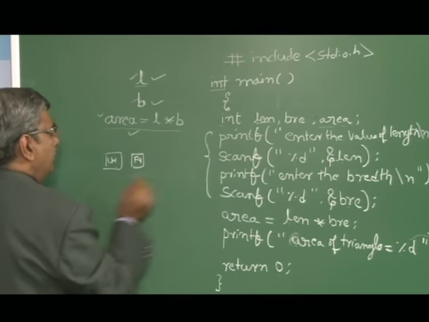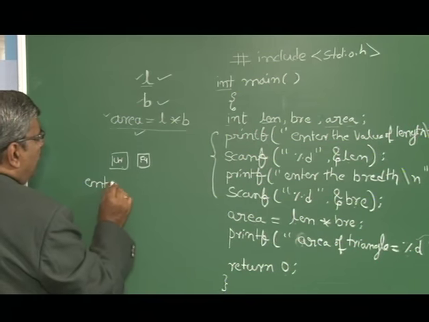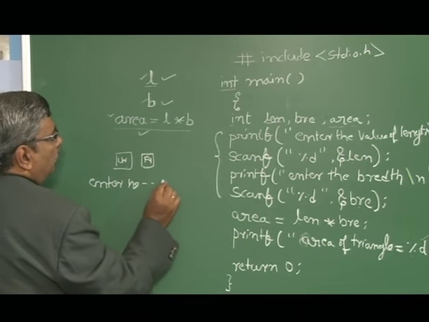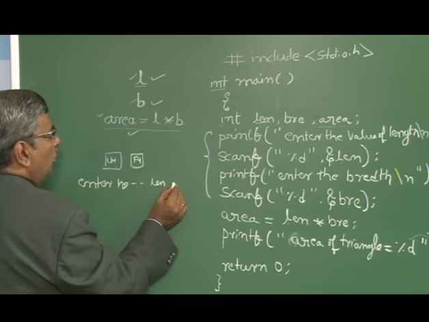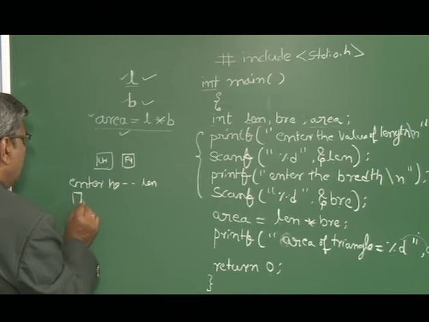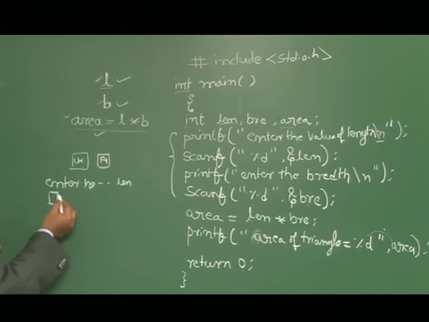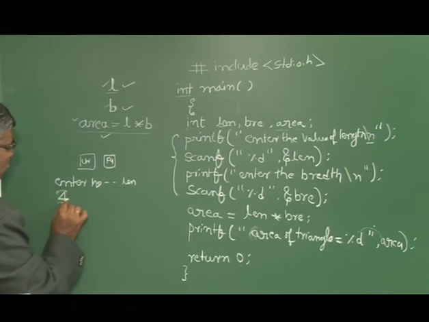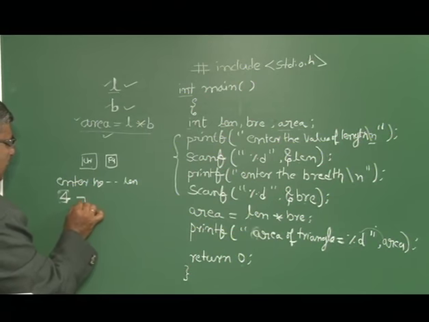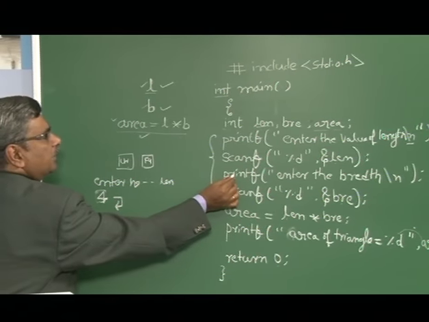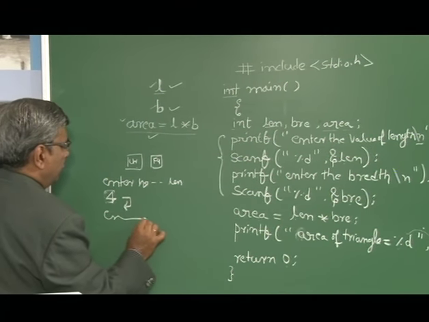Because of this statement, you will get a message in the output, enter the value of length. Here the control will wait because you used \n as the escape character. Then when you type the value 4 and press the enter key, the second statement, enter the breadth, appears.